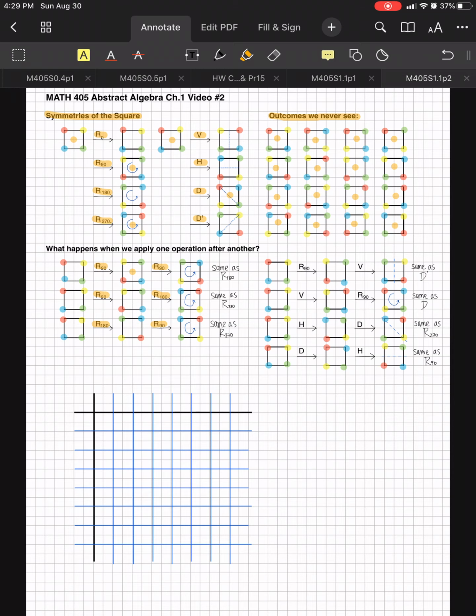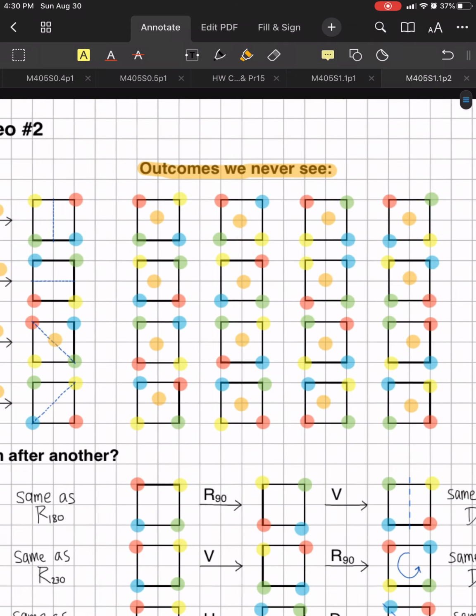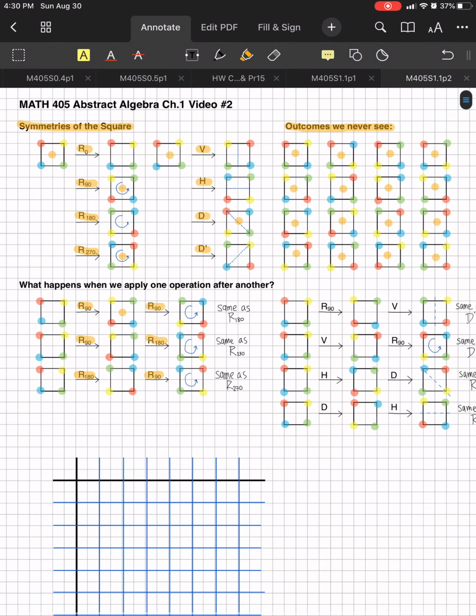But when we do a flip followed by a rotation followed by a flip, or two flips, we get things that don't necessarily result in what we might expect them to, and the order on those matters. Before we get into this little chart I've got at the bottom that you're probably wondering about, let's talk about these outcomes we never see and why we never see them.